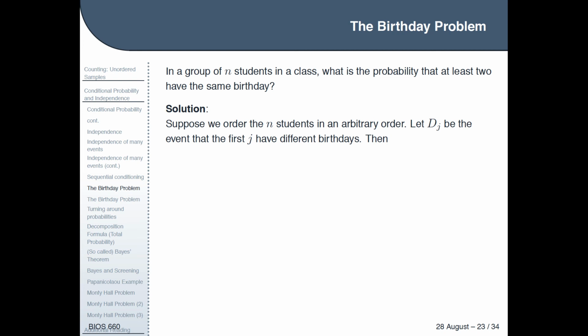Now, the probability that the third student doesn't have the same birthday as either of the other 2: all 365 birthdays are still possible, but at this point 2 of them are taken, so it becomes 363 out of 365. And likewise, to get the probability that they all have different birthdays, you can just keep doing that multiplication.